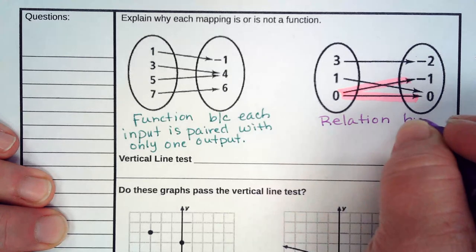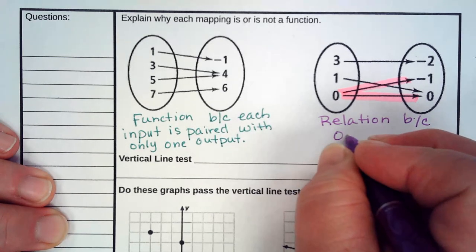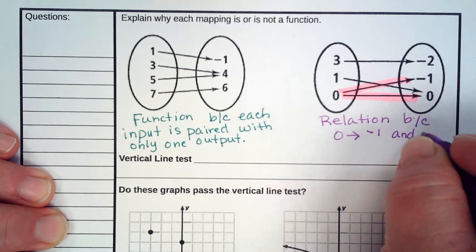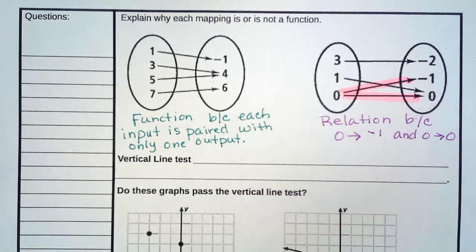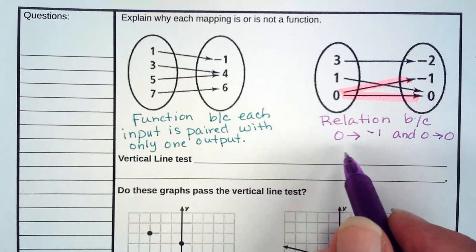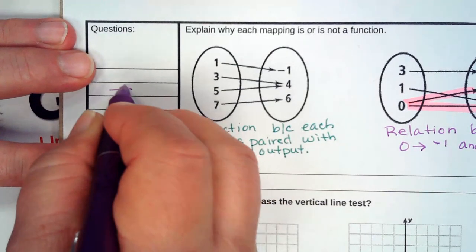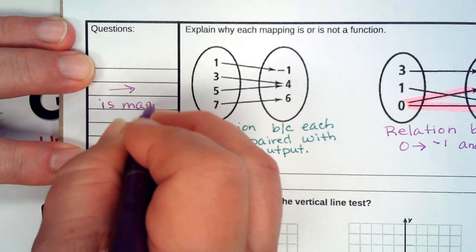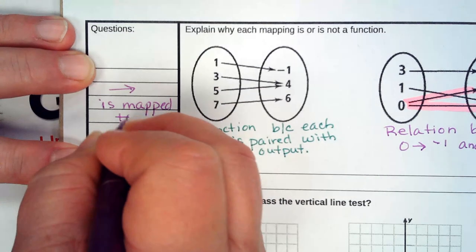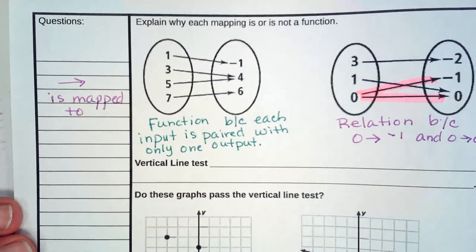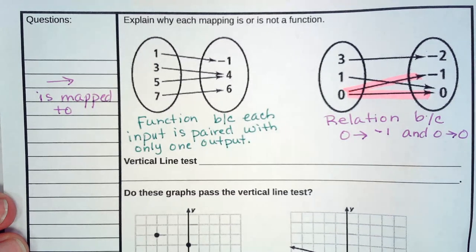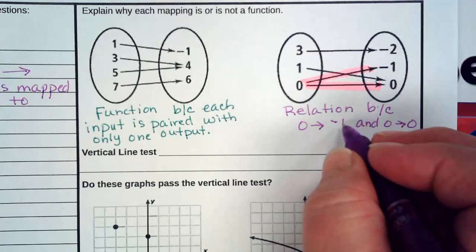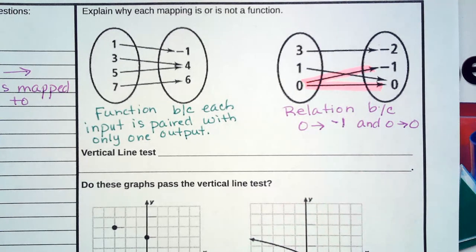It's a relation because 0 is mapped to -1 and 0 is mapped to 0. That little arrow means is mapped to. So it's mapped to two different outputs. It is not a function, but it is a relation.